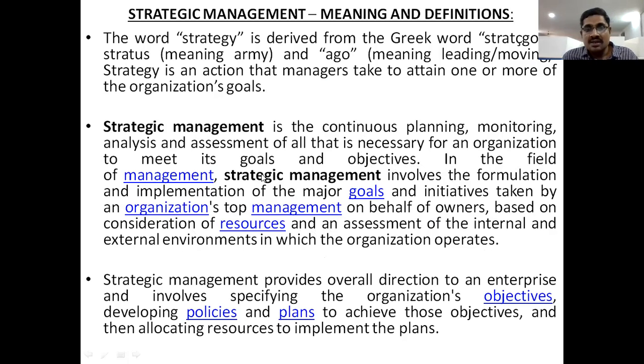So here, look carefully: strategic management involves the formulation and the implementation of the goals and initiatives taken by the organization's top level management.